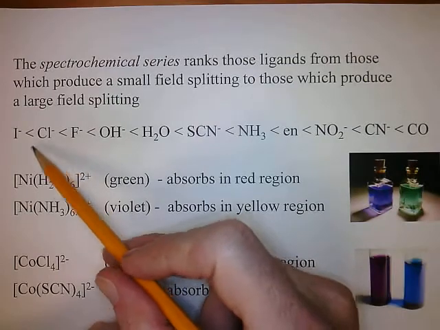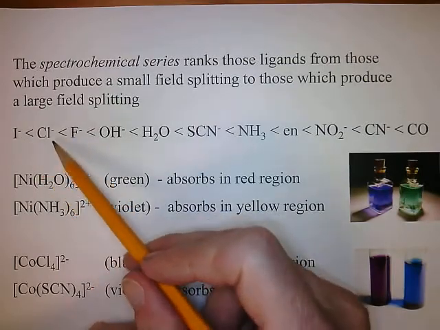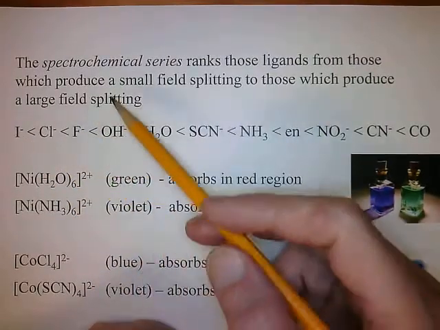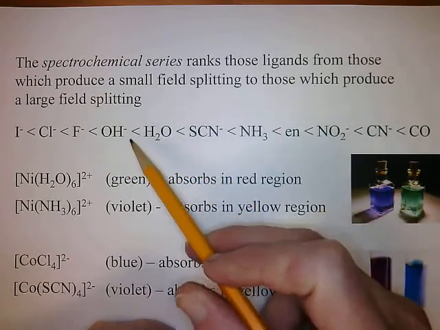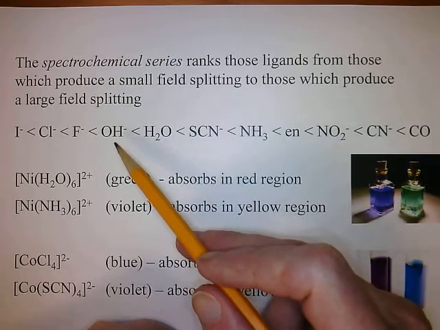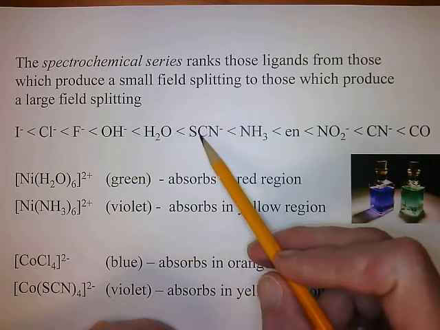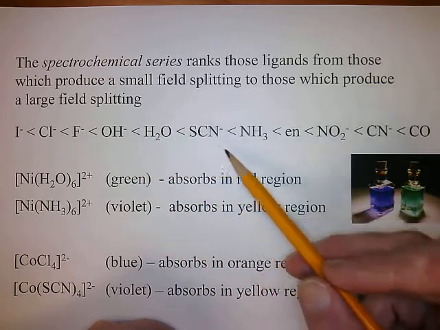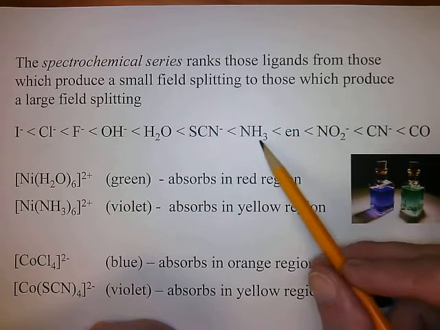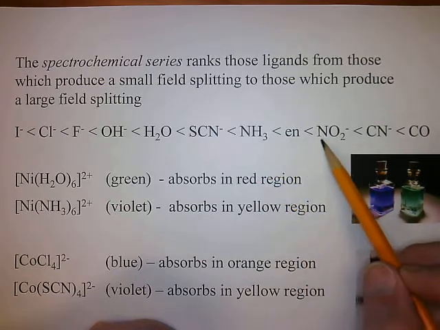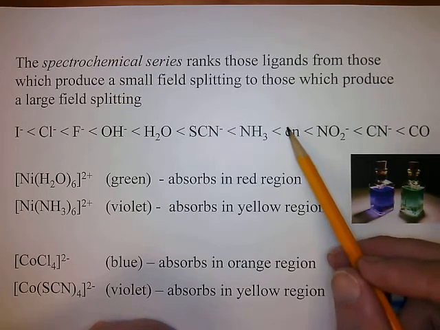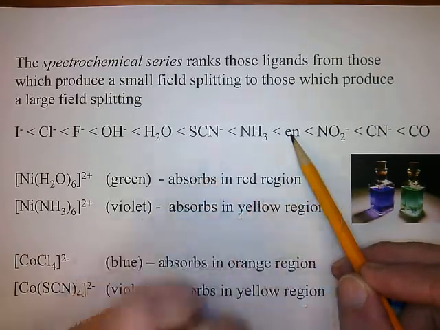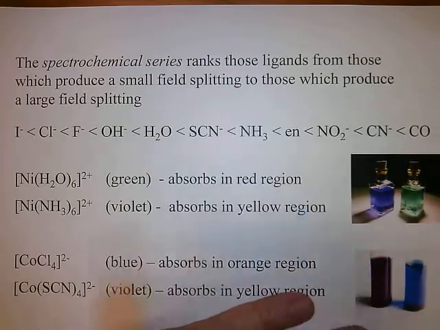So here we have the halide ions, iodide, chloride, fluoride. Then we have some oxygen-sulfur donor ligands like hydroxide, water, thiocyanate ion. And then what do these have in common? These are all nitrogen donor ligands, ammonia, en, which is the abbreviation for ethylenediamine, and nitrite.